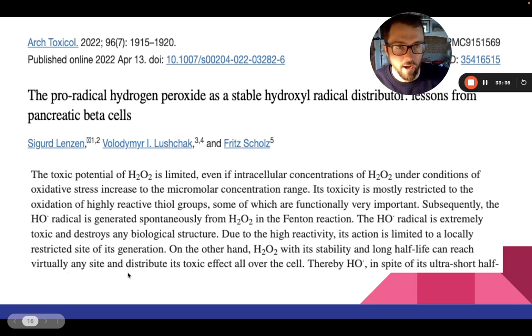As soon as it is there, it's reacting with something. Whereas hydrogen peroxide can be created and moved freely so that it can be disposed of without blowing up like the hydroxyl radical does. So on the other hand, hydrogen peroxide, with its stability and long half-life, can reach virtually any site in the cell and distribute its toxic effect throughout.